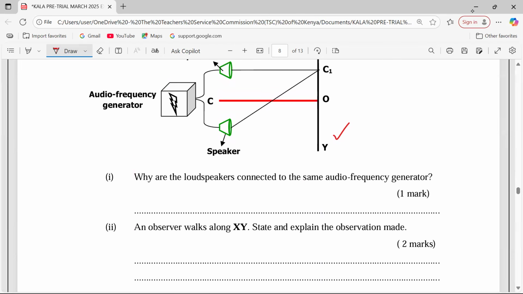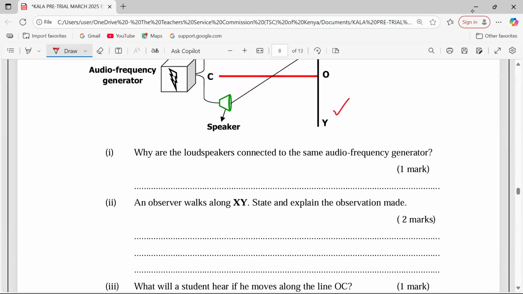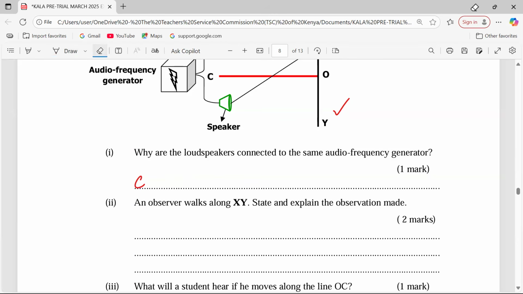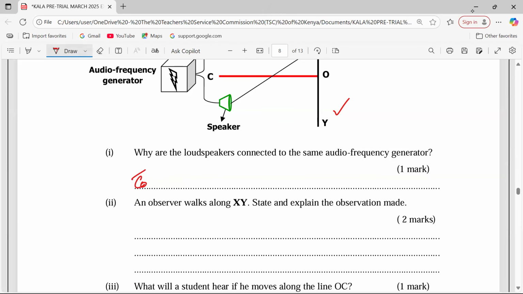This is to ensure that they give coherent sources of waves. Coherent is the main word there.